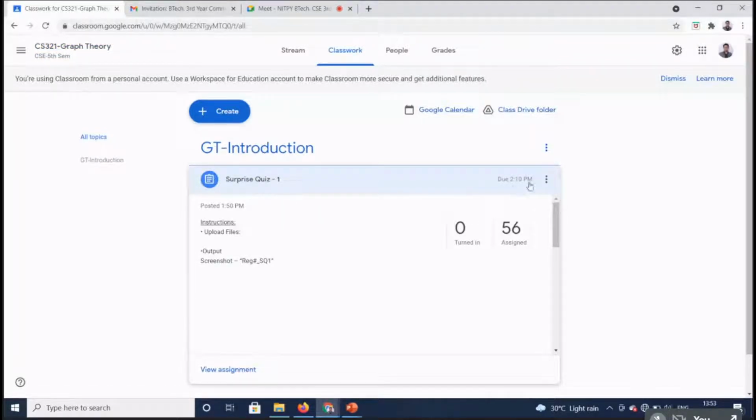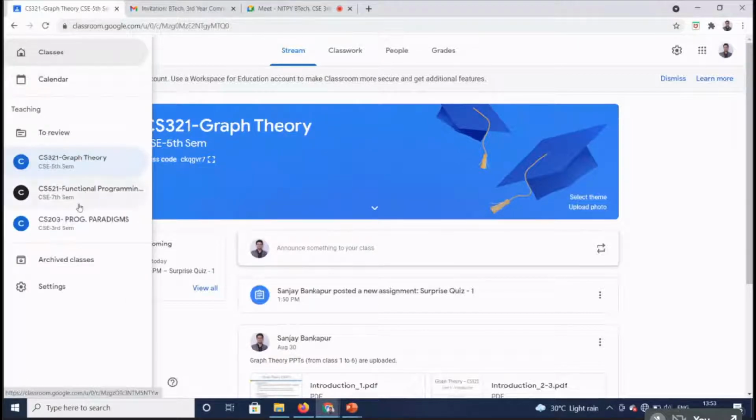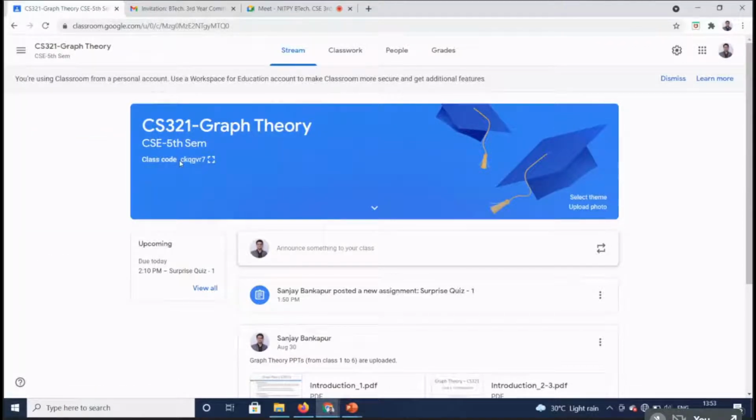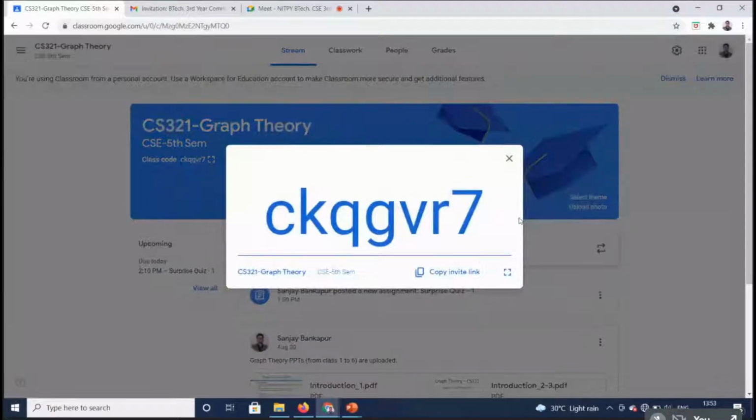They show up in that invitation link. Invitation links. Okay, now I get that. So yeah, this is the class code, CKQGBR7. Hope now this is visible. Yeah, thank you, sir.